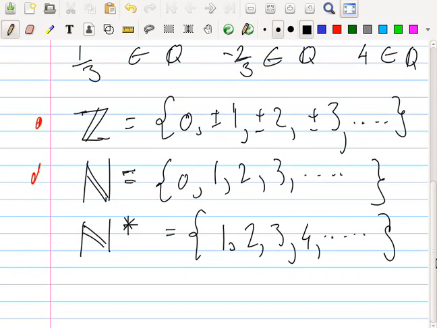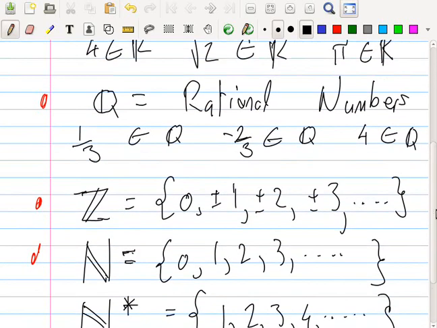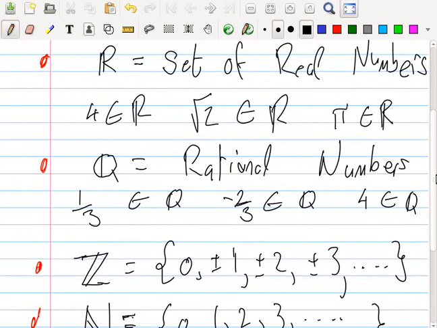Okay. Do you have those 4 taken down? R, Q, Z, and N. So can you go up a little bit? To here? Yeah. You write these down, Hassan?